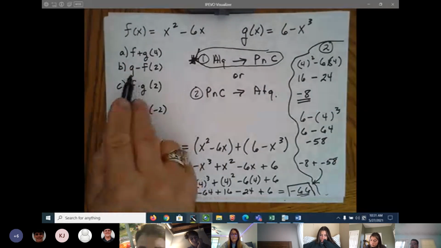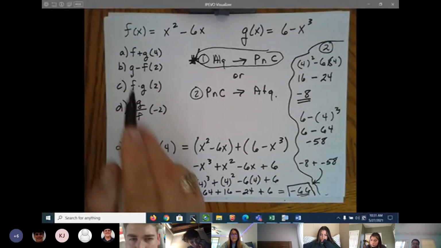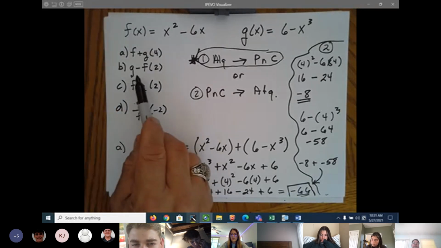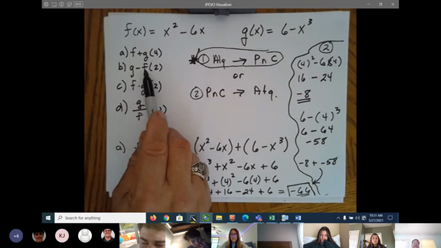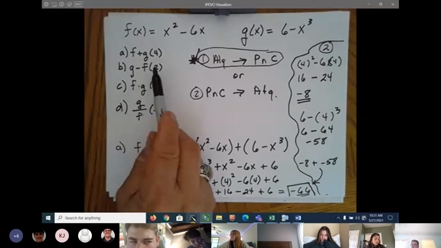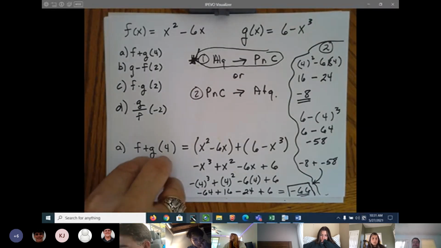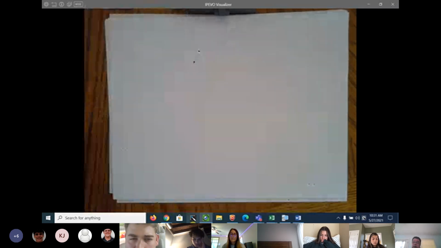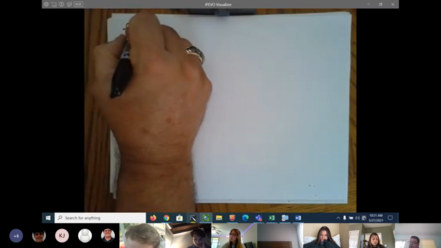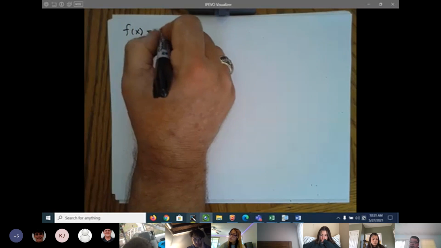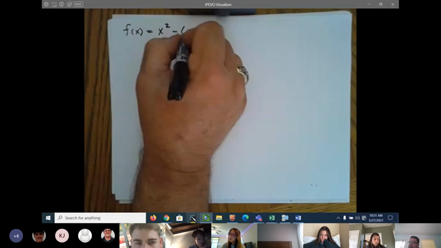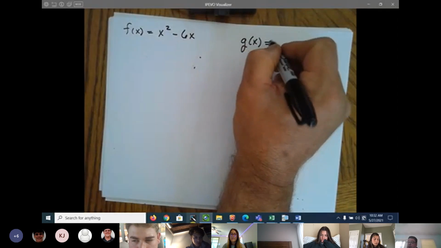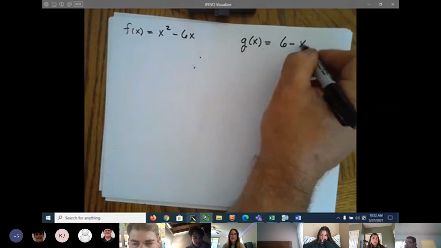All right, now I want y'all to do g minus f of 2. And I'm going to do it this way. f of x is equal to x squared minus 6x, and g of x is equal to 6 minus x cubed.